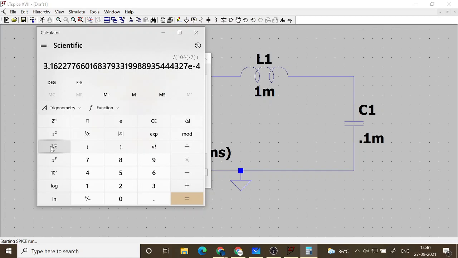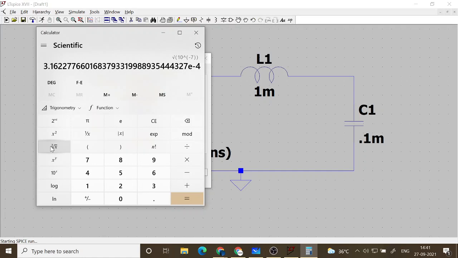Take the square root of this, I'll get this. Okay, so this is 1 by root LC. Now f is 1 by root LC, omega is equal to 1 by root LC. So that is what we have found out, root LC we have found out.